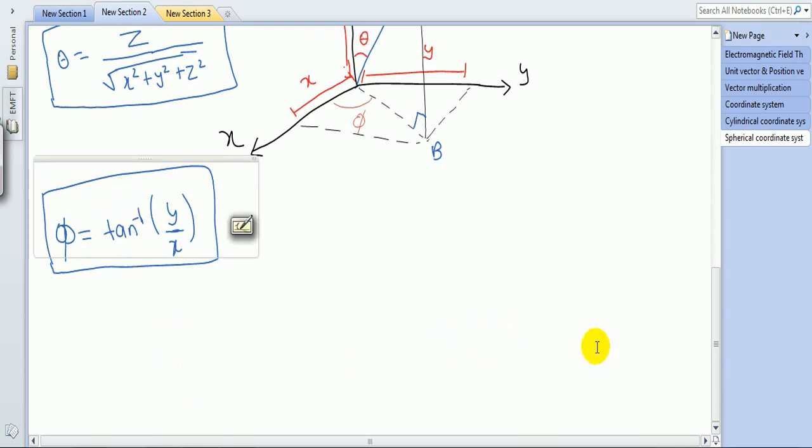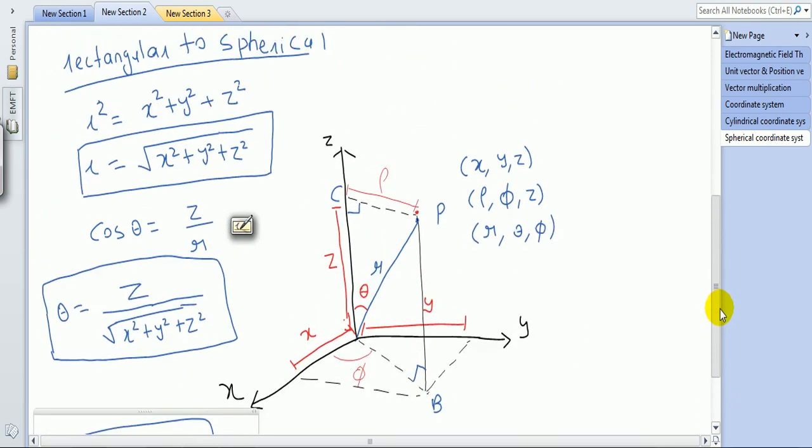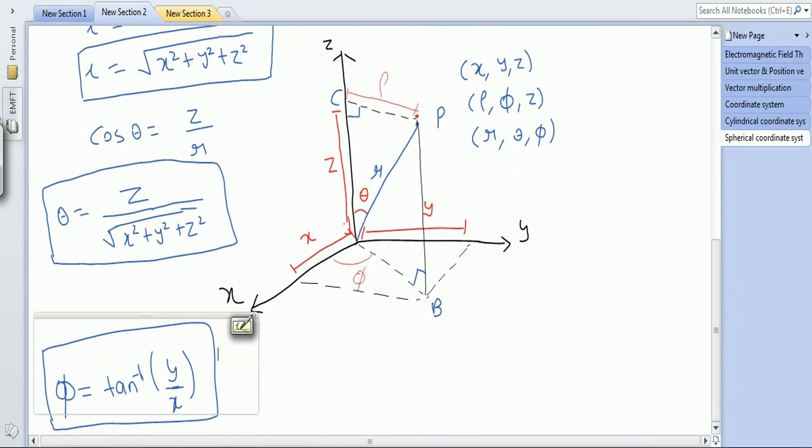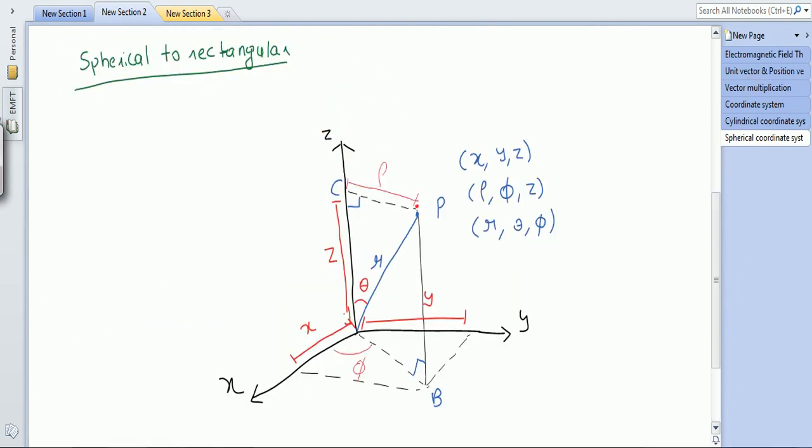Now, if you want to do the opposite, that is from spherical to rectangular, then we will relate x, y, and z. We will find them in terms of r, theta, and phi.